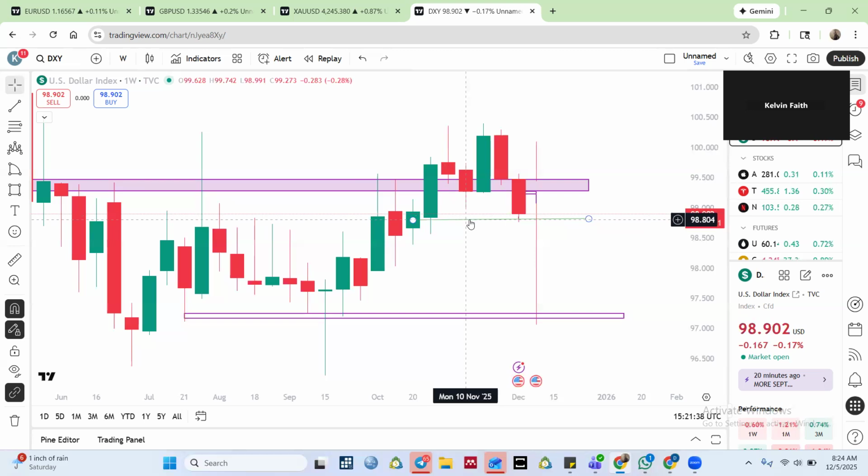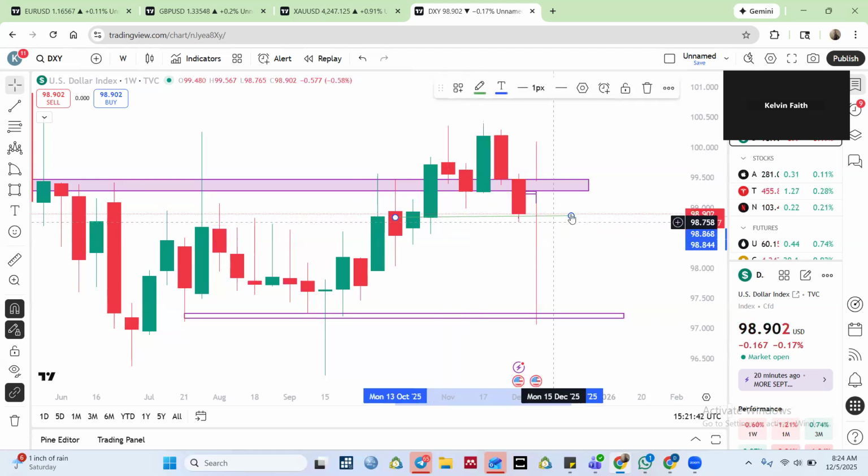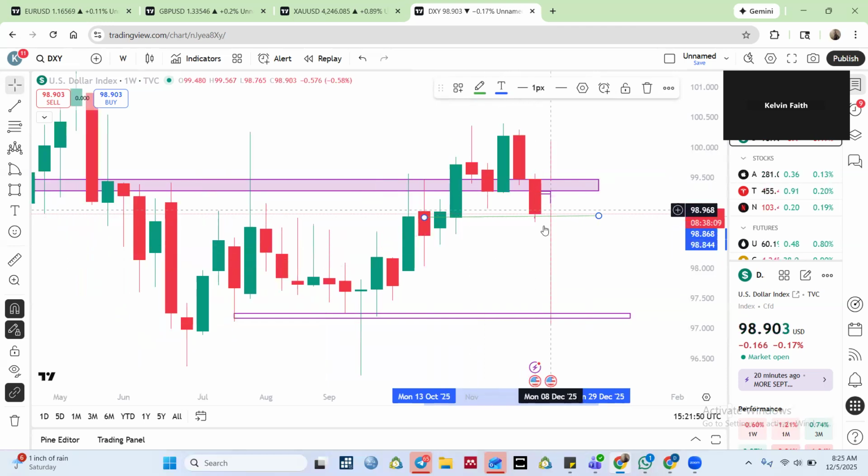Let's see even the body of that candle. Let me put a line on the body of that candle. Once this bullish candle has been totally swept off, we might have a clean path for price to push to the downside.